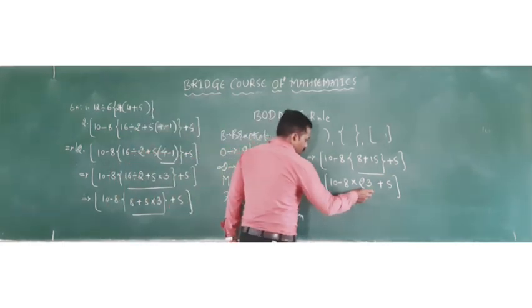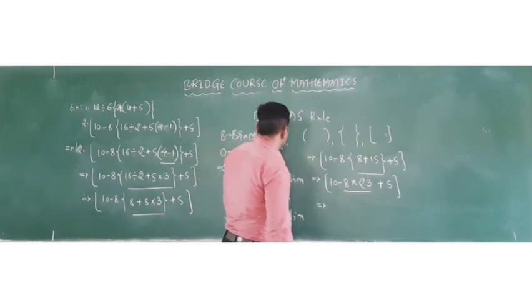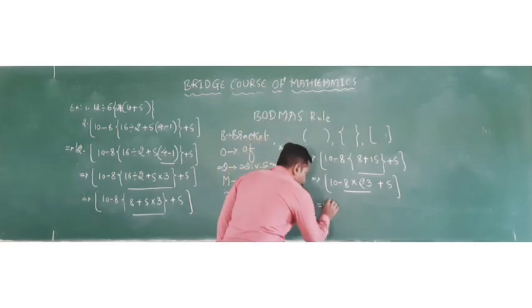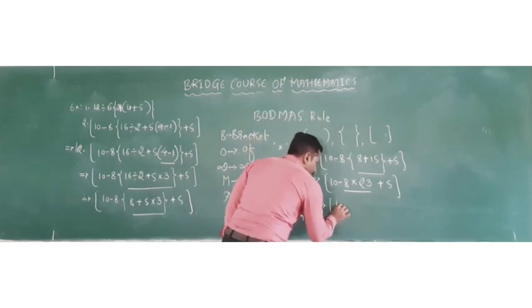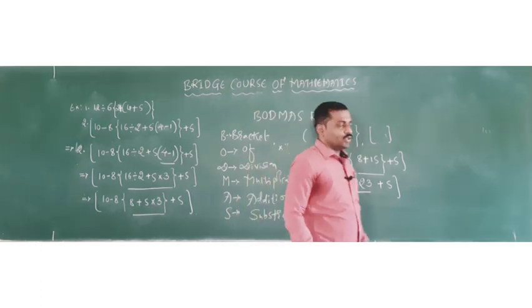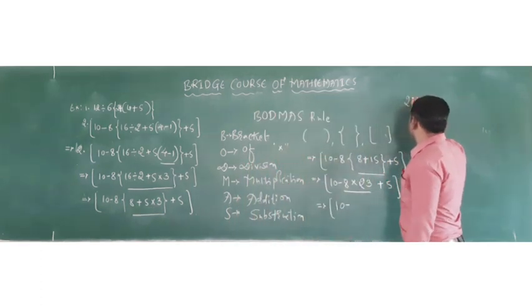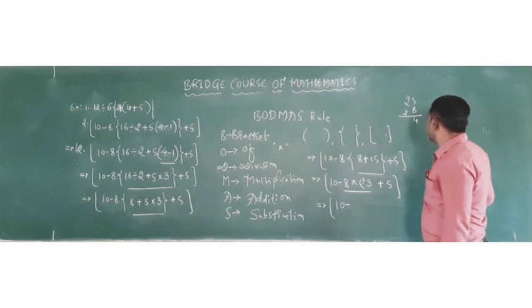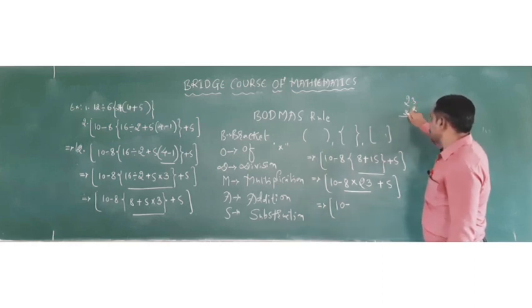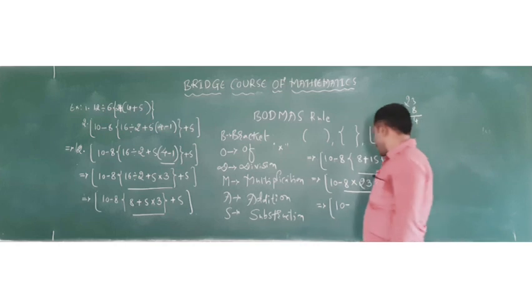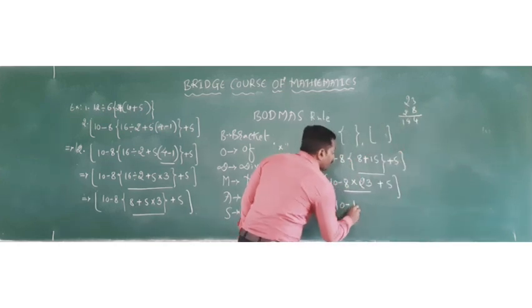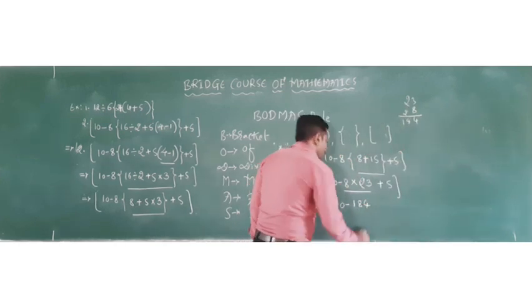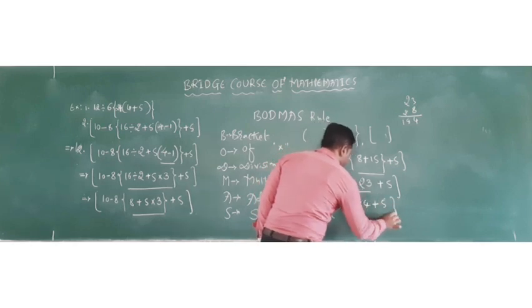Okay, first we have to do the addition. Here 10 minus 23 into 8. 8 into 3 is 24, 8 into 2 is 16, so 184. Then 184 plus 5.